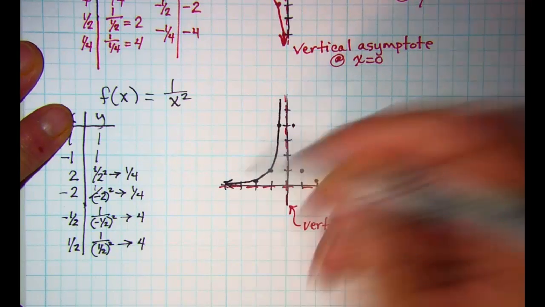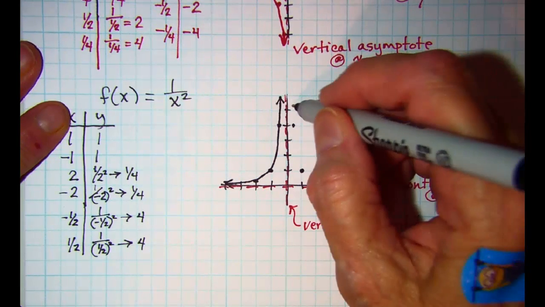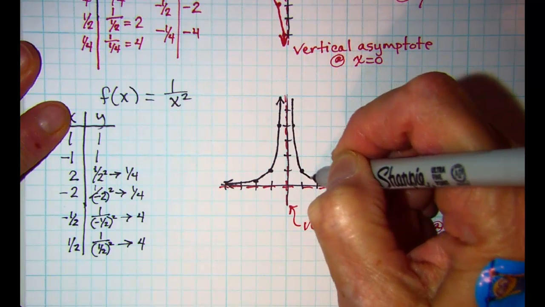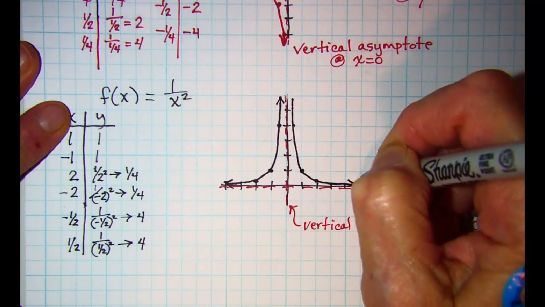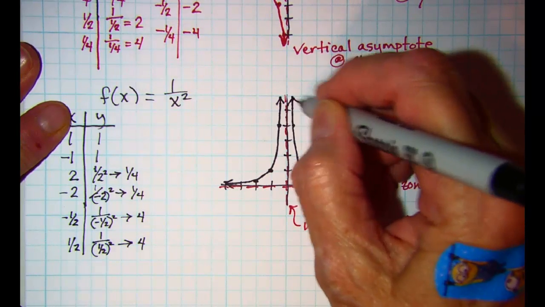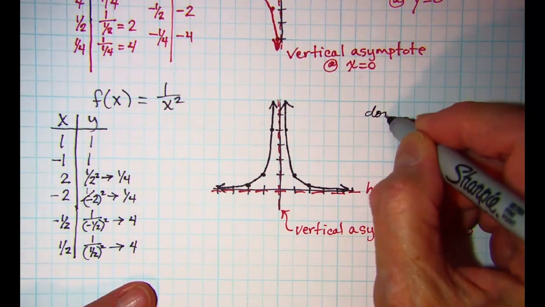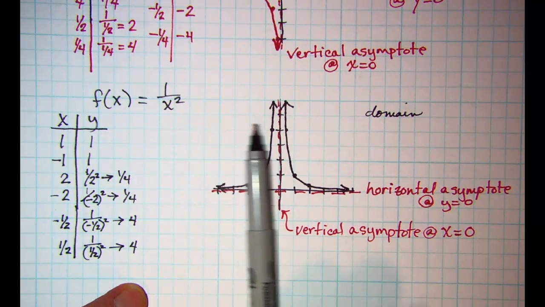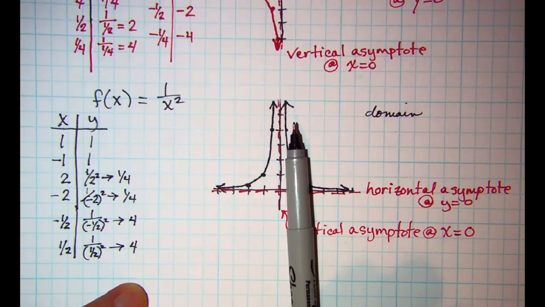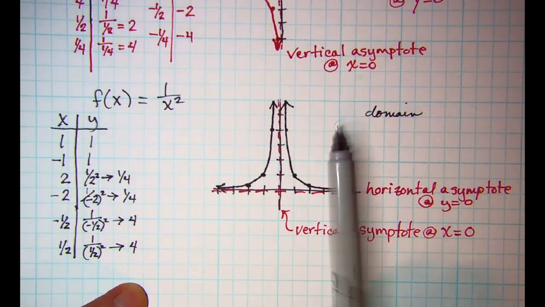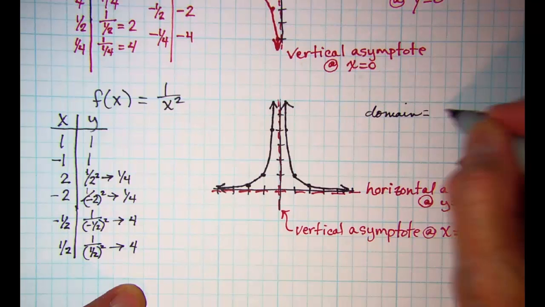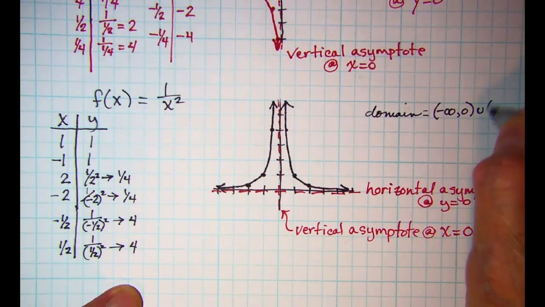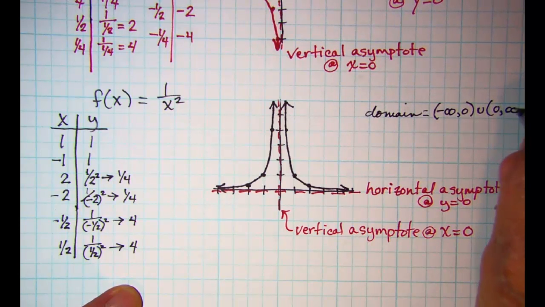It's closer and closer to the axis. The domain goes up to 0, pick it up on the right side of 0 and go up to positive infinity. So negative infinity to 0, union 0 to infinity.